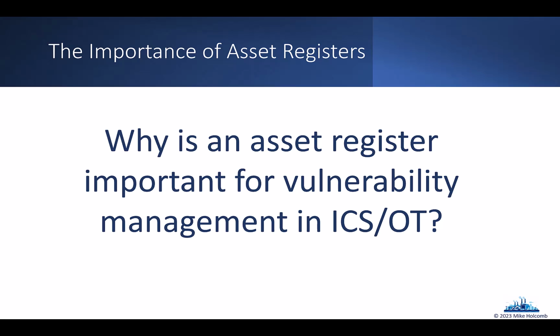If I'm not going to actively scan, I need to manually look up to see, does this Siemens S7-1200 PLC running firmware version 3.84 have a known vulnerability? So that's why asset registers are important, because vulnerability management in OT environments starts with the asset register. And incident detection also starts with the asset register in OT environments, but we're going to talk about that in the part after next.